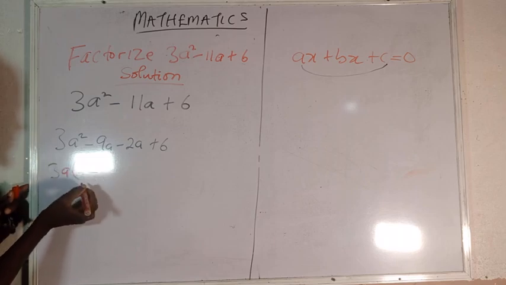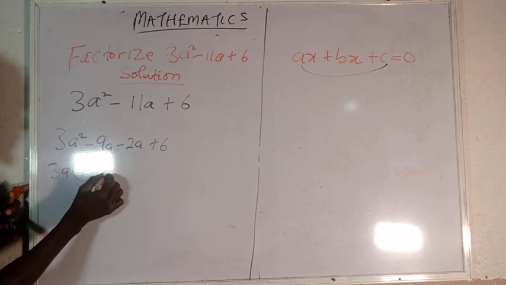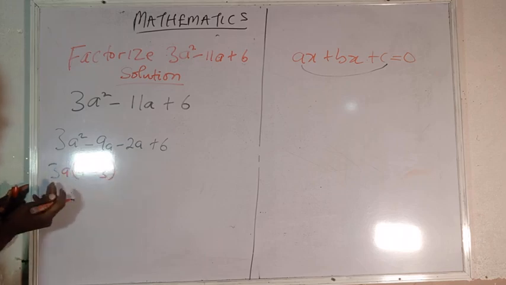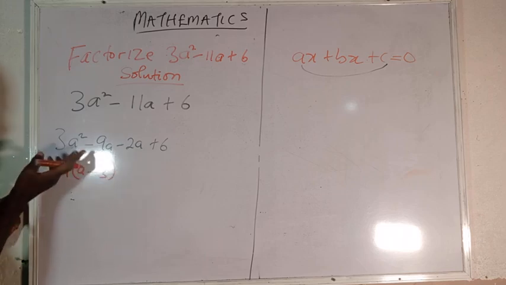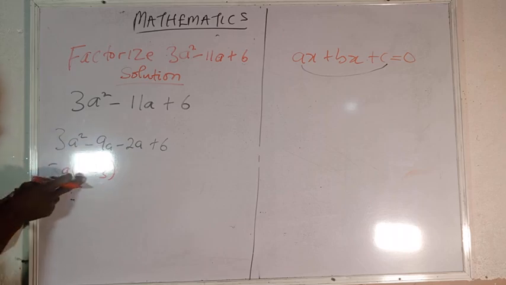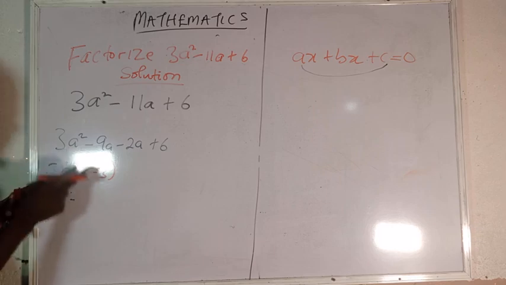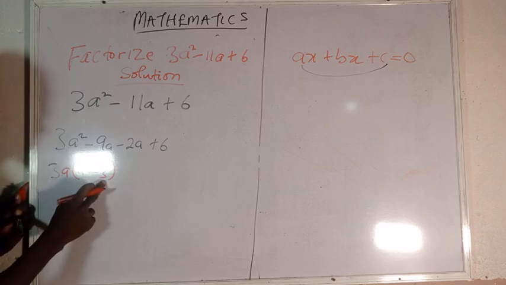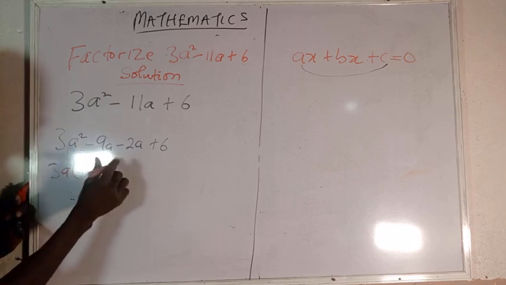Now we have minus 3. If you remove this bracket, you go back to this stage: 3a times a, we have 3a², 3a times minus 3, we have minus 9a.